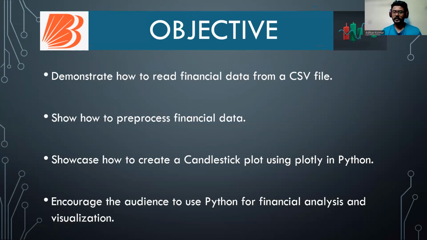The pre-processing, of course, includes removing all the null values and including some extra columns which are needed in stock data prediction. Then showcasing how to create a candlestick plot using the provided data, and encouraging the audience to use Python for financial analysis and visualization.